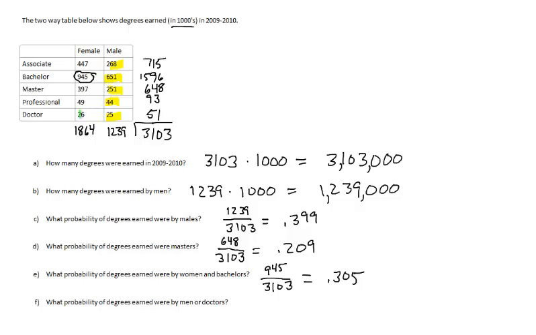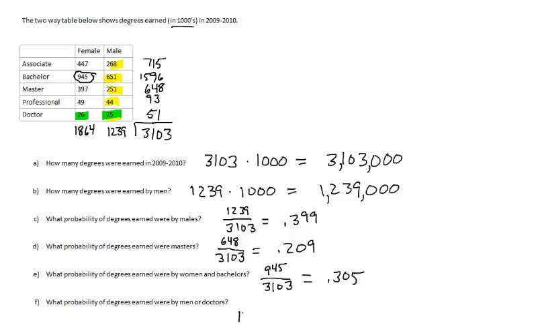You have to be careful not to double count the value that's the and value. Here you can see that we have highlighted in yellow and green this 25, so we don't want to double count that box. So we have 1239 that were male plus 26 that were female doctors that we need to include.